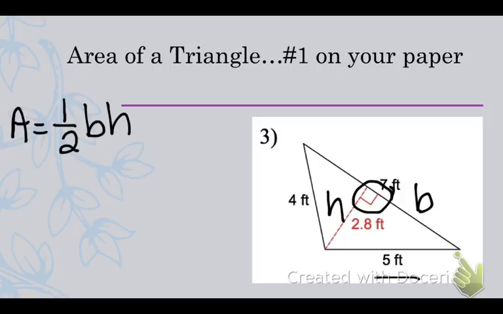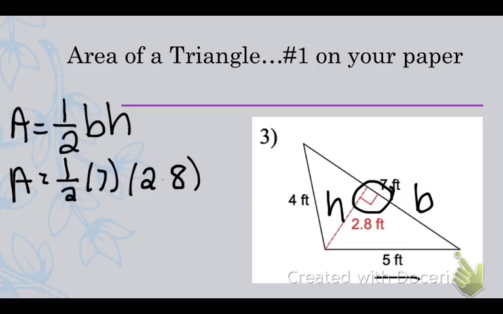I want you to substitute it into the formula. You should have substituted it in as A equals 1/2 7 times 2.8. So A equals, keep going, 1/2 times 7 times 2.8, 19.6.